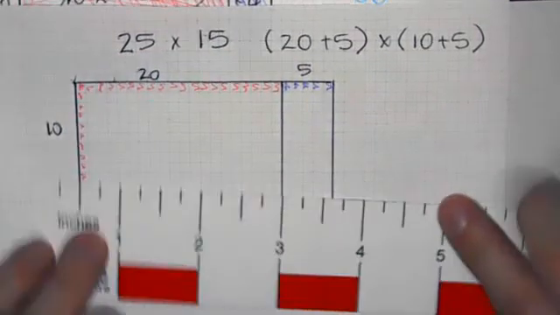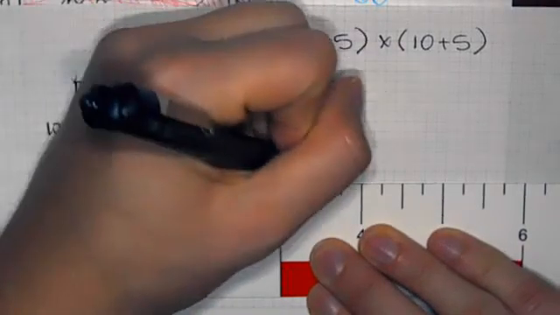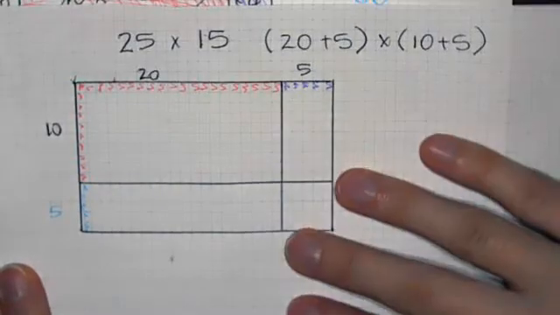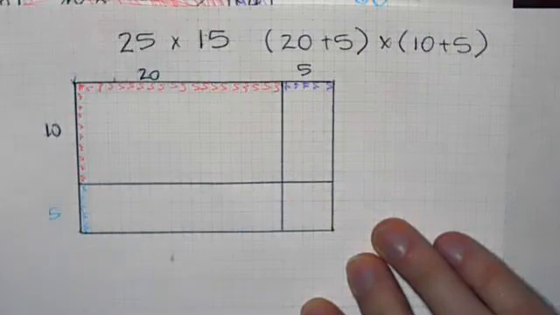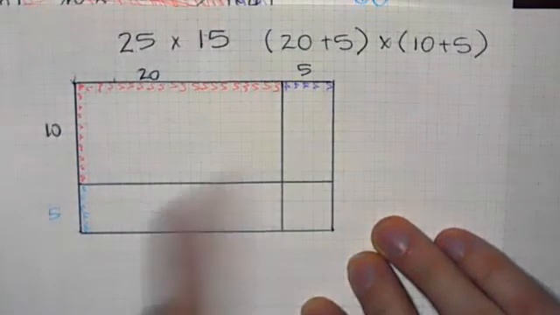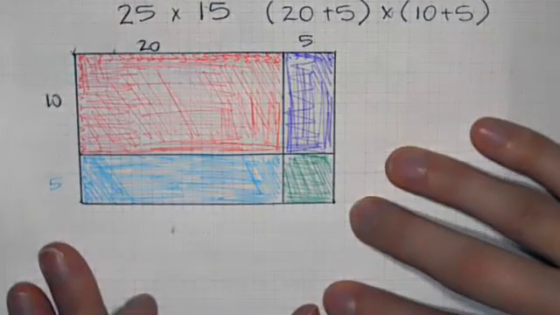That means I'm going to have 4 individual boxes inside my area model. Now I'm going to start shading this in pretty quickly, not too heavy, just getting the idea of it shaded in. This will be red, purple, blue, and also green. Now I have everything shaded in.